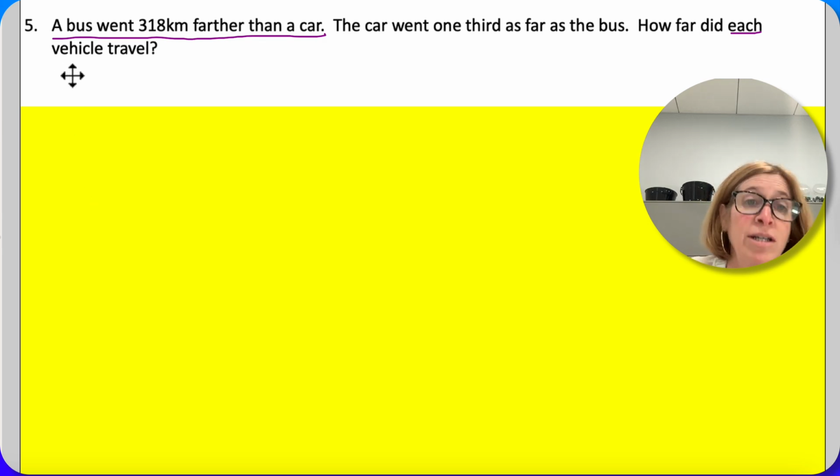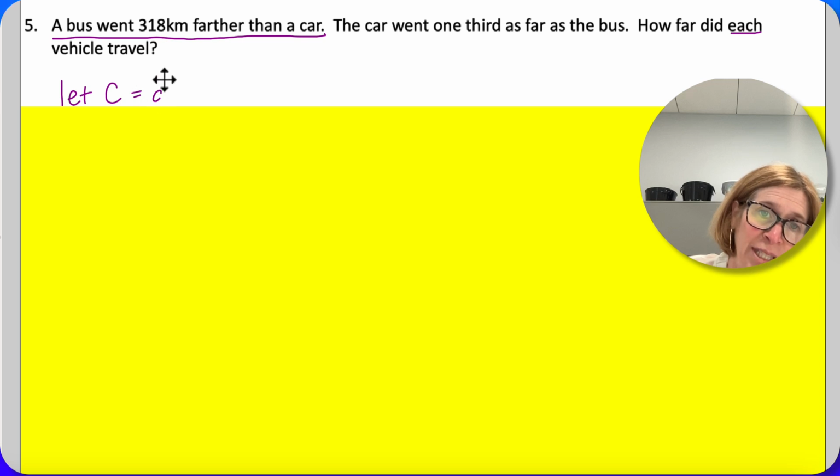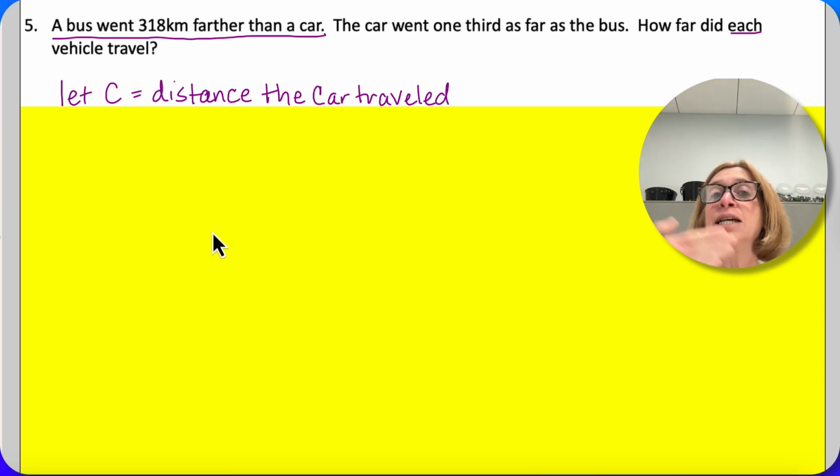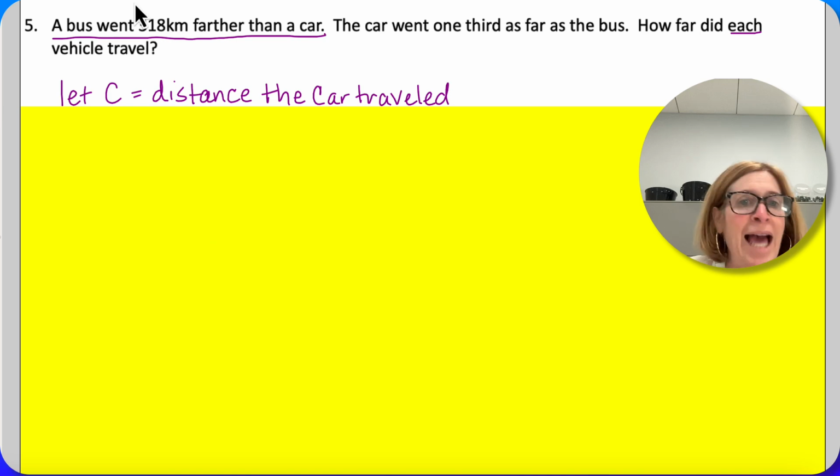So the car traveled less, so I'm going to let C equal the distance the car traveled. So the next part of it is that you have to write how far the bus traveled, the distance the bus traveled in terms of the car. That means you have to use the C because we don't want to add a new variable. It's one variable equations.